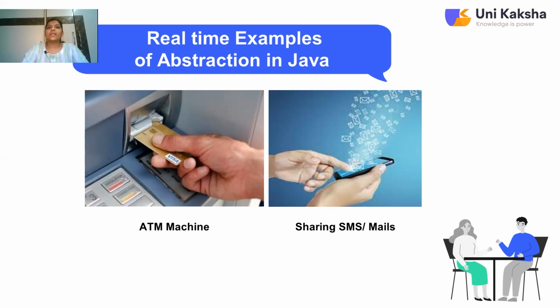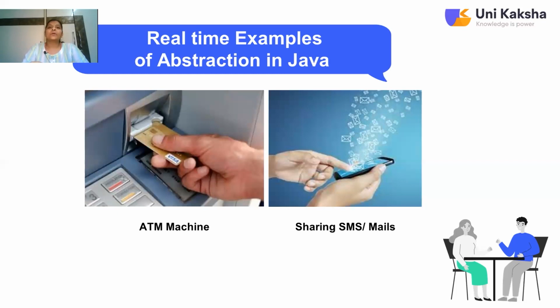When you send an SMS or mail, within a fraction of a second we get the confirmation that the mail has been sent, or we get an error message if the email ID or the number is not correct in the case of SMS. But most of the time we get the positive reply.